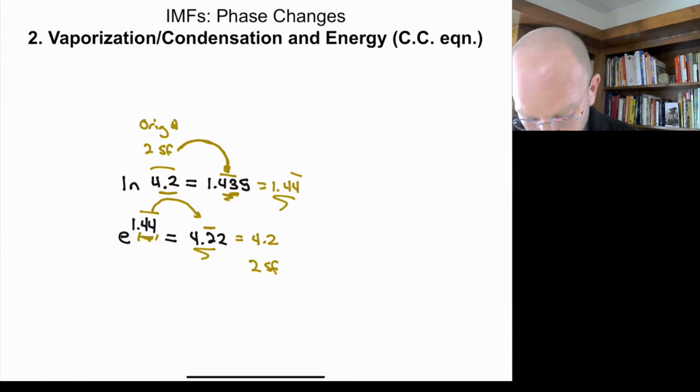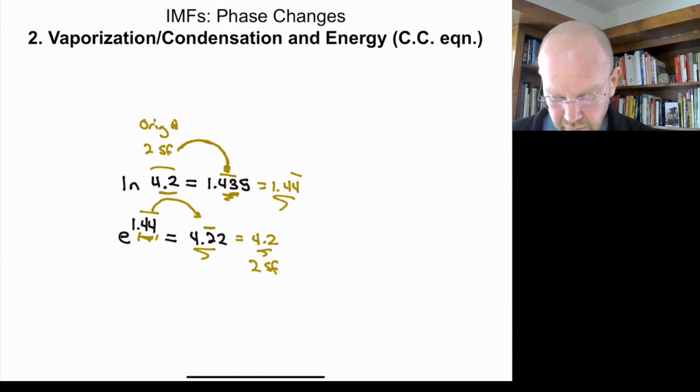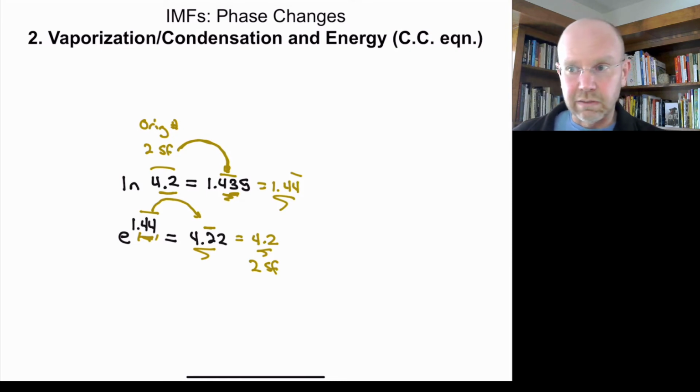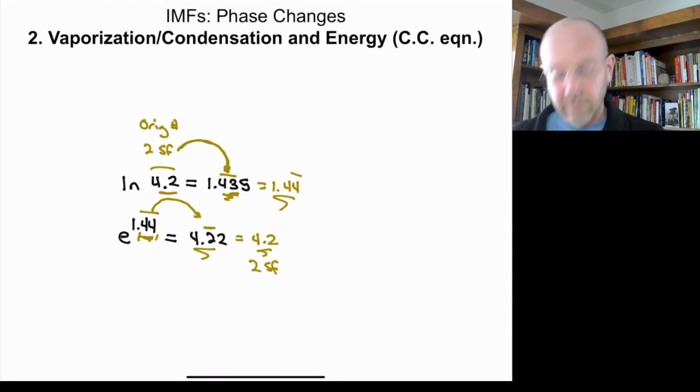So the answer would be 4.2, right? This makes sense because if you have 2 sig figs in the original number and do the logarithm, you end up with 2 sig figs after the decimal place. Or if you're taking the anti-log, it's the number of significant figures after the decimal place of the thing you're taking the anti-log of that ends up in the final answer.